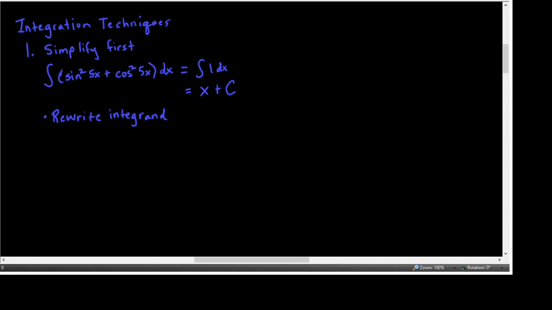Which might be to rewrite, you might do something like multiply by a form of 1. And we'll see examples of all these.